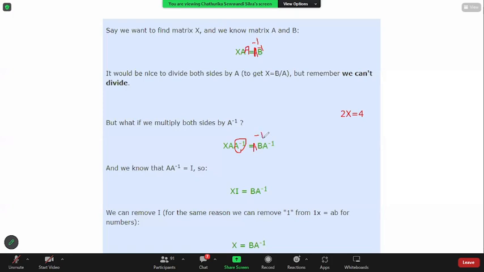Or else, other than placing A inverse here, we could put it here instead. Anyone, can you say why this is? Anyone, please answer me, why is this?